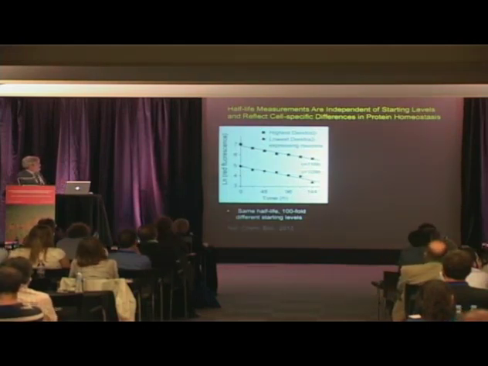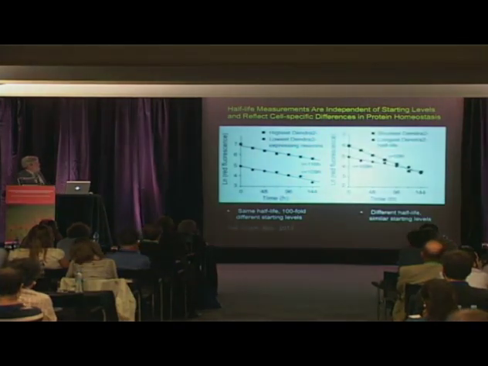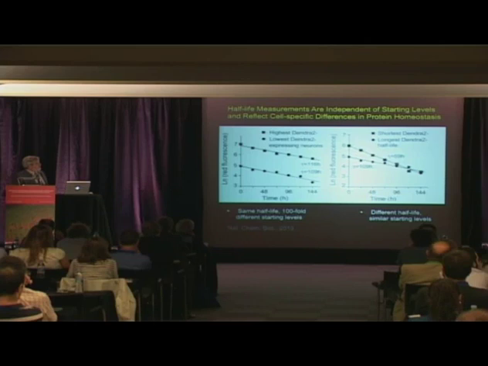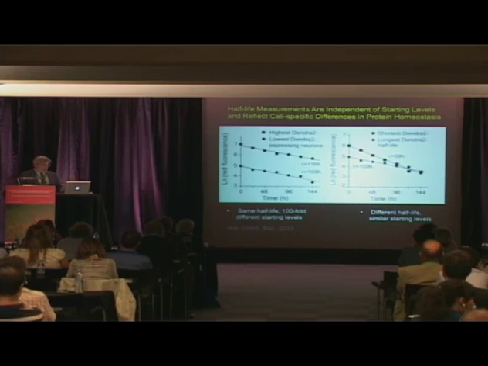We could find examples of cells where we overexpressed, in this case Dendro2, 100-fold more and got essentially the same half-lives. At the same time, we could find examples of cells where the levels actually started out higher, but they had a shorter half-life, and others where they were lower and had a longer half-life. So what it suggests is that what we're really measuring is the endogenous protein homeostasis capacity for that cell, and that there may be some variation in proteostasis among individual neurons.